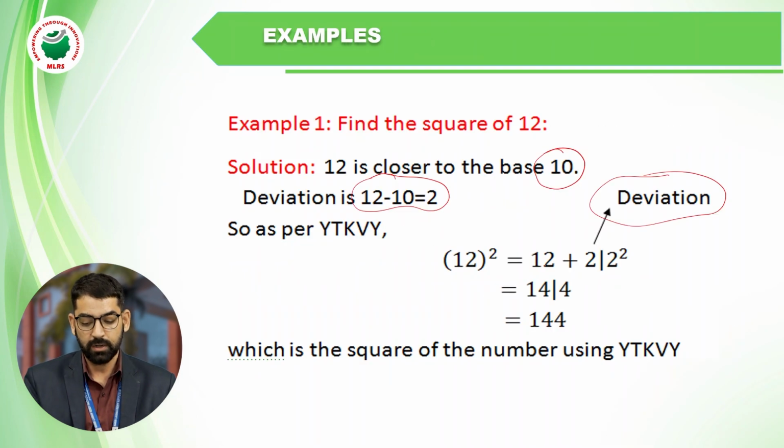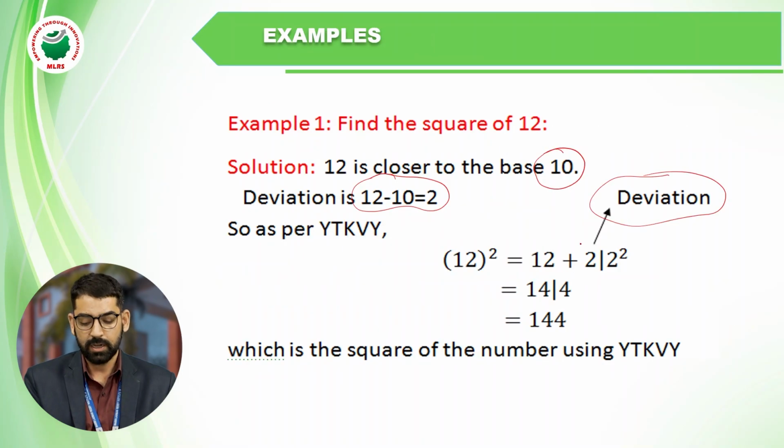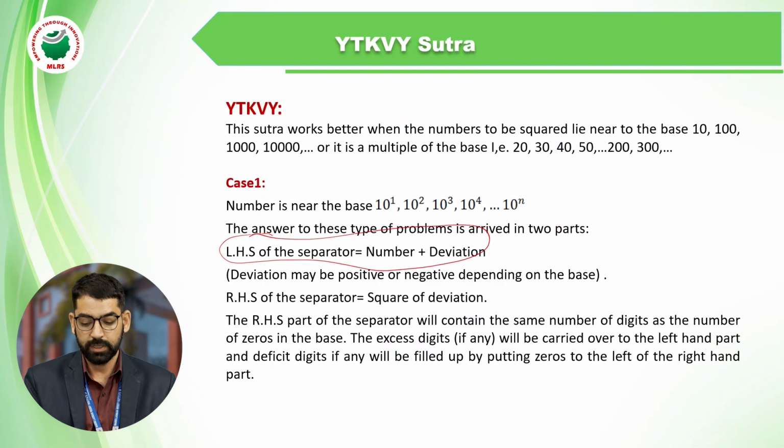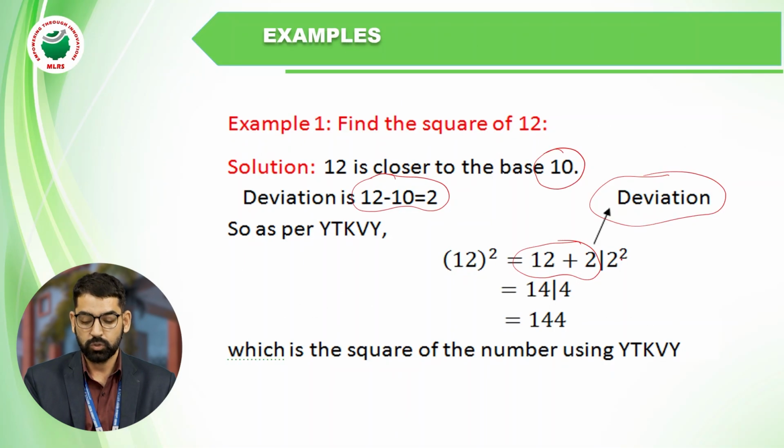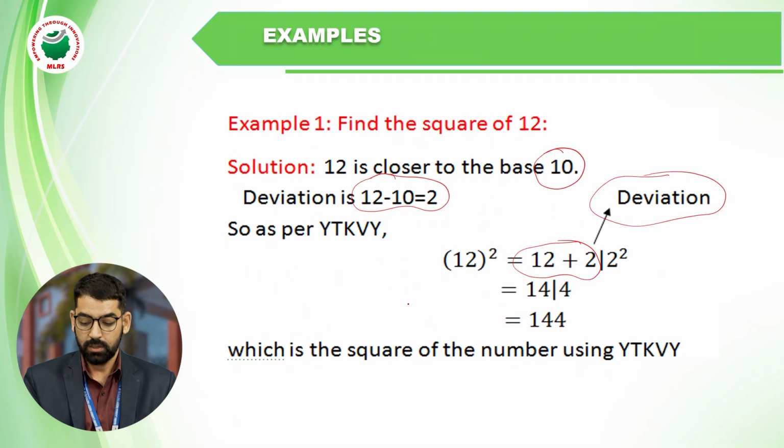Then the RHS part is 2 square, that is, RHS is the square of the deviation.